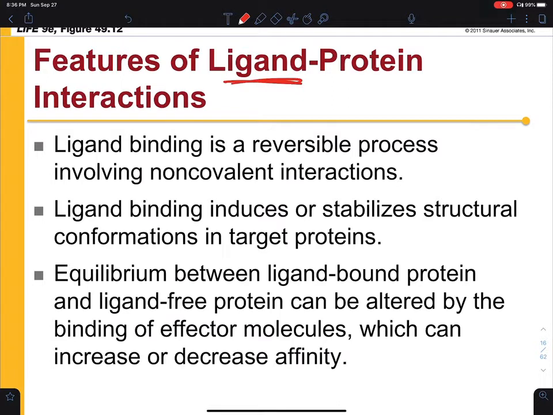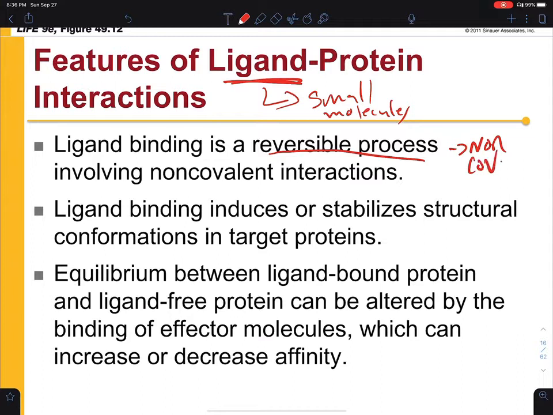A ligand is a small molecule that binds to a protein reversibly. By reversible here, what we typically mean is non-covalent. So non-covalent interactions between a small molecule and a protein.